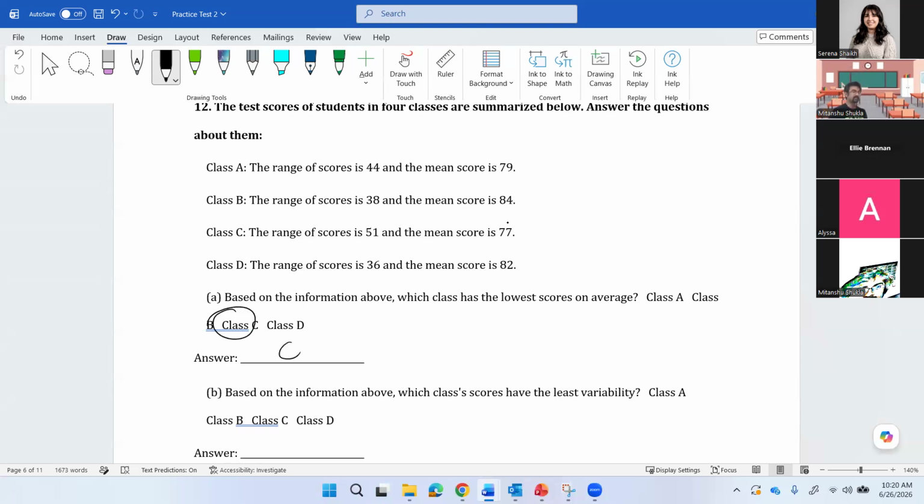Okay. So based on this information, which one has the least variability? What does that mean? Variability is referring to range.